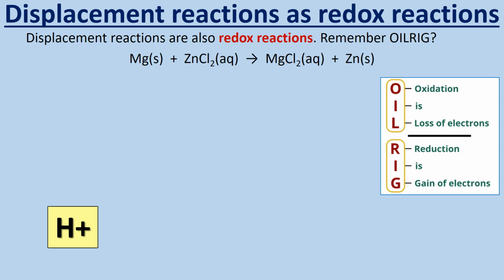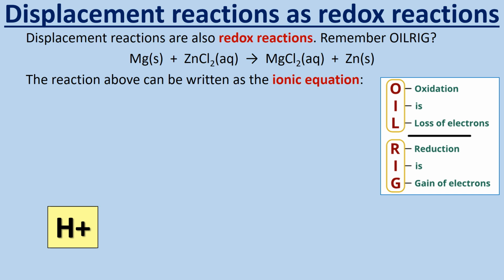So if we look at magnesium plus zinc chloride going to magnesium chloride plus zinc, we can't really see in that simple equation what's happening to the electrons. But if we take away our spectator ions, if we take away our chlorines, which remain unchanged either side of this equation, we can write the equation as an ionic equation.